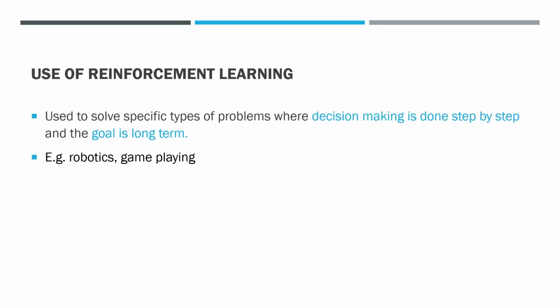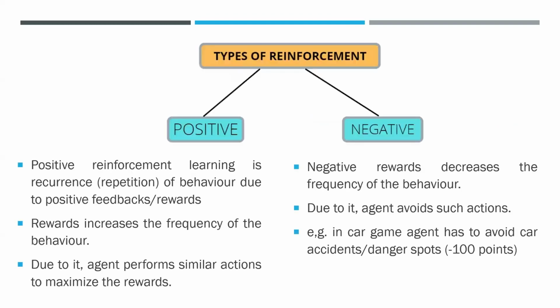But if you do not move properly, then you may get stuck somewhere. So if we train the agent in that way, then if the agent does proper movement inside the maze, it will get the reward. And after multiple times, the agent will come to know this is the actual way where I will get the reward. That type of thing is normally used while playing games and in robotics applications.